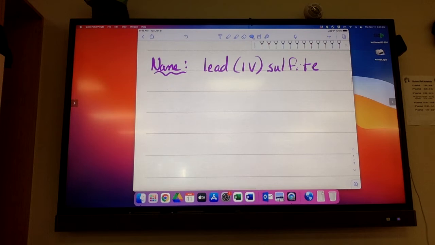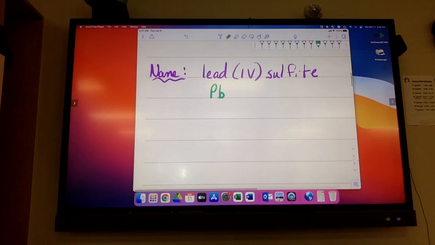And again, I don't ever want you searching around on these things. If you're having trouble finding something, holler, because I don't want you wasting time looking these things up. Lead is Pb. What do I do with this 4, this IV? What is that? Good. Remember, that's the charge of your lead. That hasn't changed. So Pb +4.